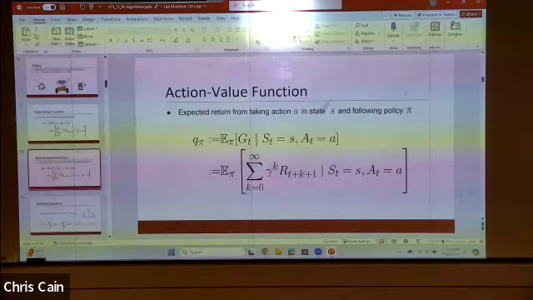Because an action value function is calculating the value of taking an action versus the state is calculating the value of the current state, right? Yeah, it's the value of a state before we make a decision on the action. The value of an action, because there's still a step of what state we end up in probabilistically after we take that action.